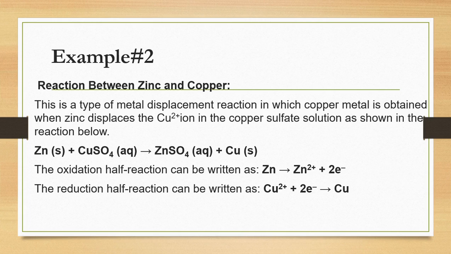Zn plus CuSO4 gives ZnSO4 plus Cu. The oxidation reaction can be written as Zn gives Zn2+ plus 2e-. The reduction reaction can be written as Cu2+ plus 2e- gives Cu.